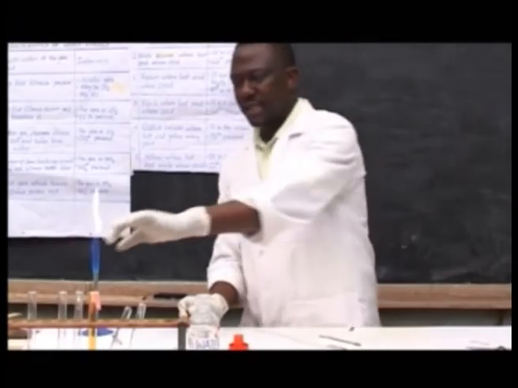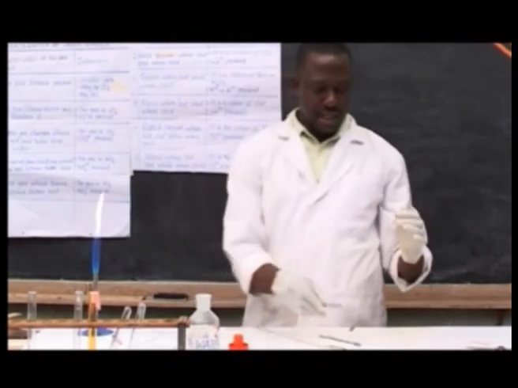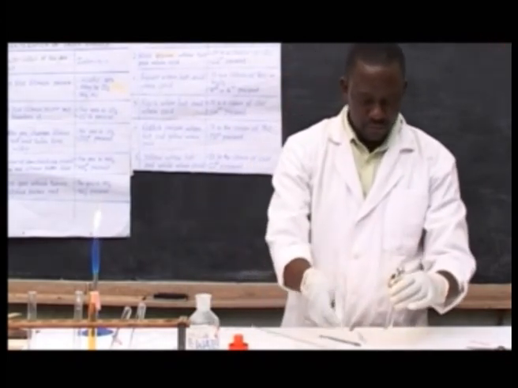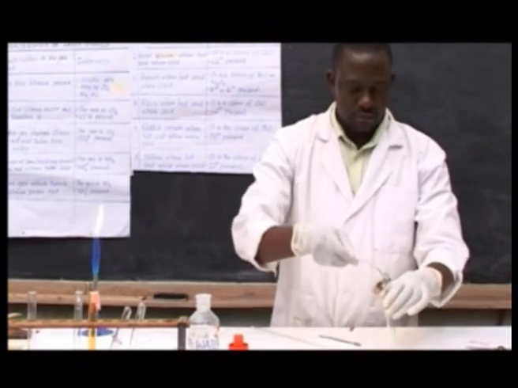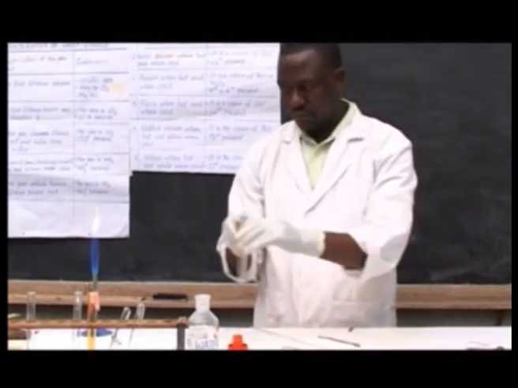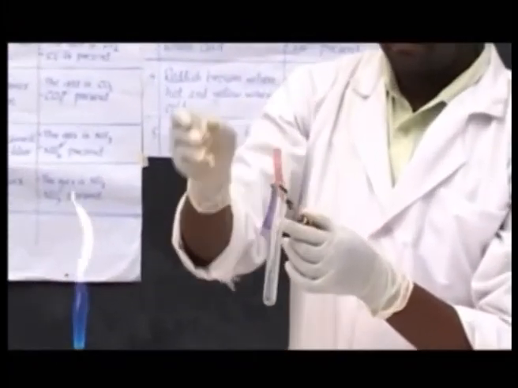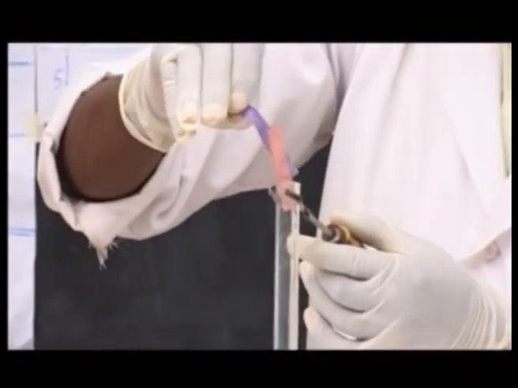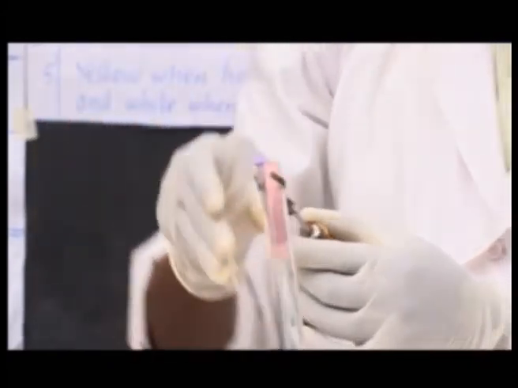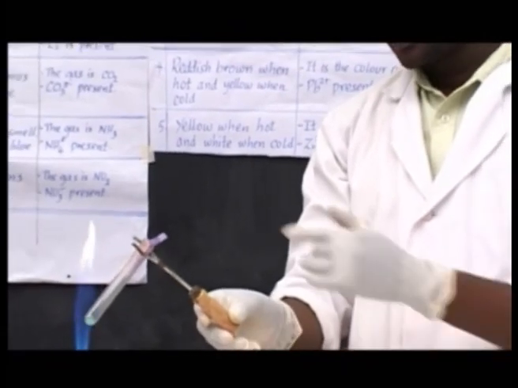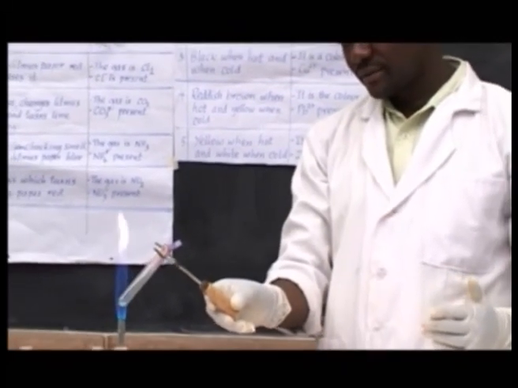Repeat the same experiment by using sample C. Heat gently while observing the color of the litmus indicators.